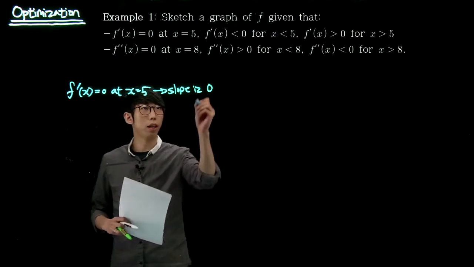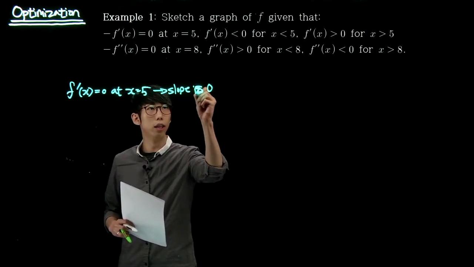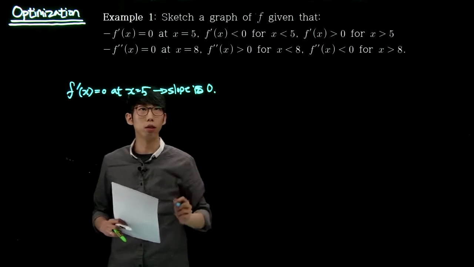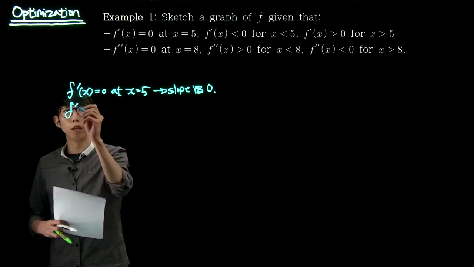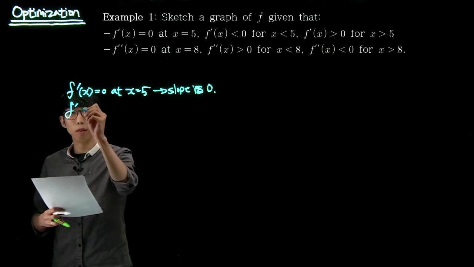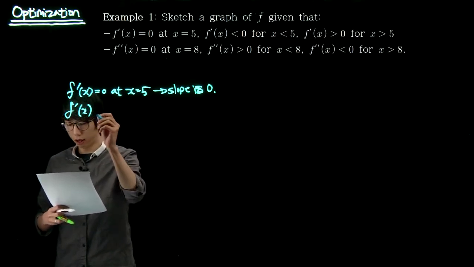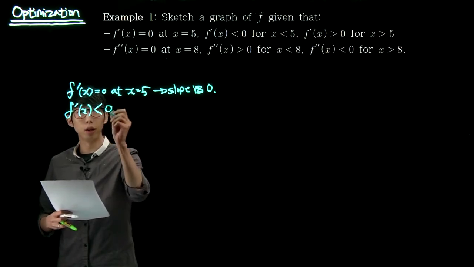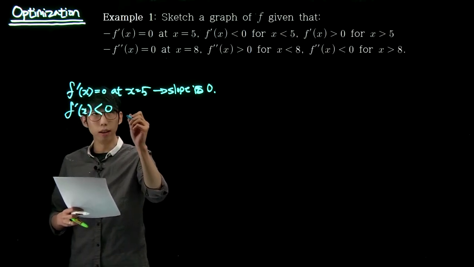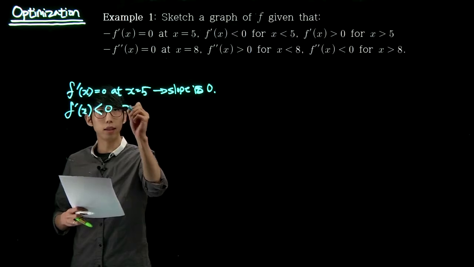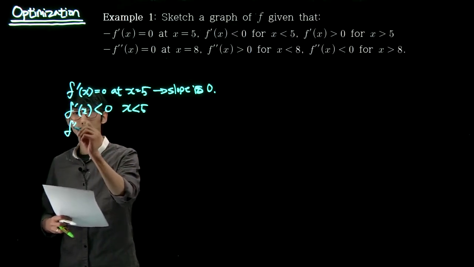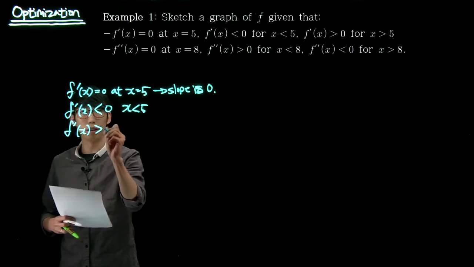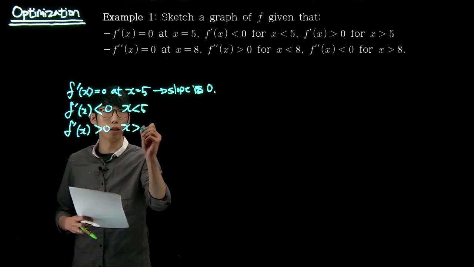Okay, the slope is 0. And then we have 2 pieces of information. f prime of x is less than 0 when x is less than 5. f prime of x is greater than 0 when x is greater than 5.